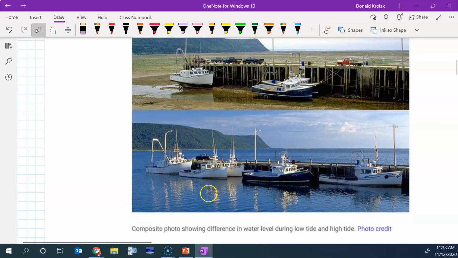People think that the water's coming in and going out, and that's actually not what happens with tides. We say the tide's coming in or the tide's going out, but that's not really what's happening, and we'll explain that tomorrow.